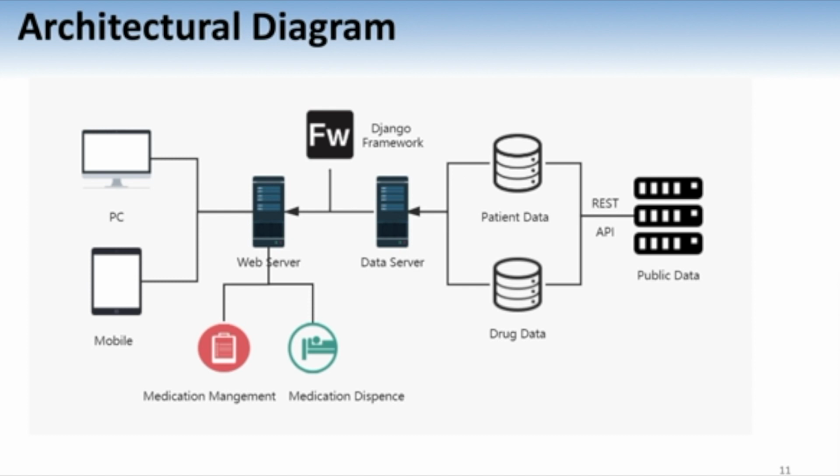When our server receives this request for the medication, it will make a database query and use the data from the databases to construct the response for this request and send the response back to the client.